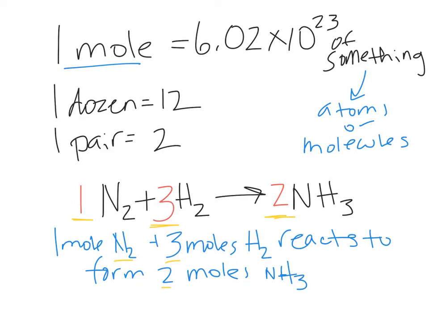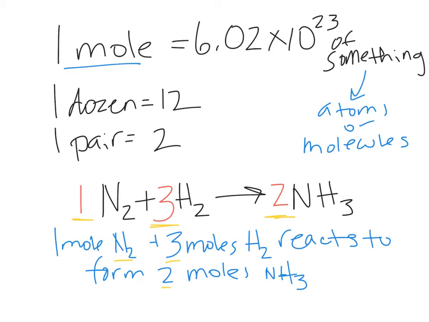All right, so we can use these coefficients and represent them as moles of the compounds in a formula. Just like in the earlier ones where we knew the conversion factors, like 1 year equals 365 days, or 1 yard equals 3 feet. Those are common conversion factors.